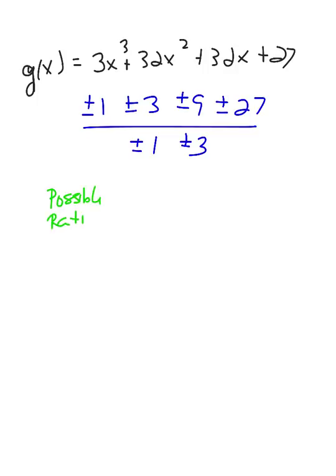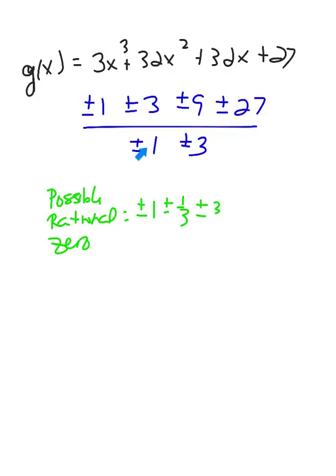Now I need my possible rational zeros. We've got plus minus 1 over plus minus 1, and plus minus 1 over plus minus 3, so that's 1/3. Plus minus 3 over plus minus 1 is plus minus 3. Plus minus 3 over plus minus 3 is 1, but I already have that, so I don't need to write it again.